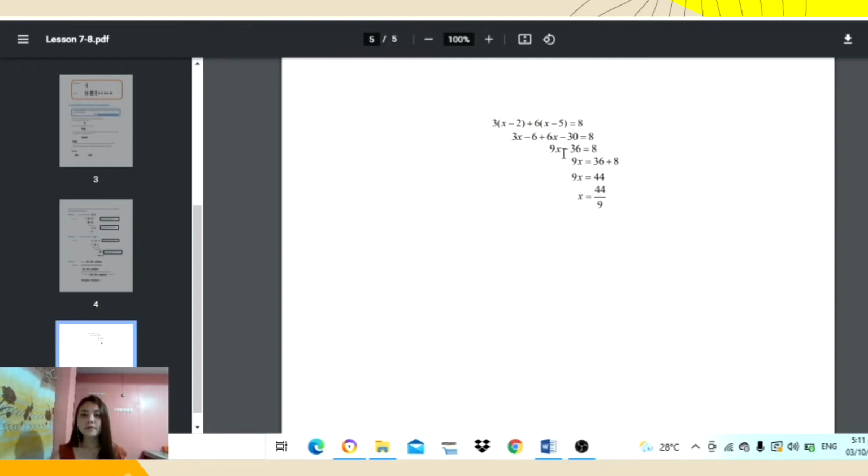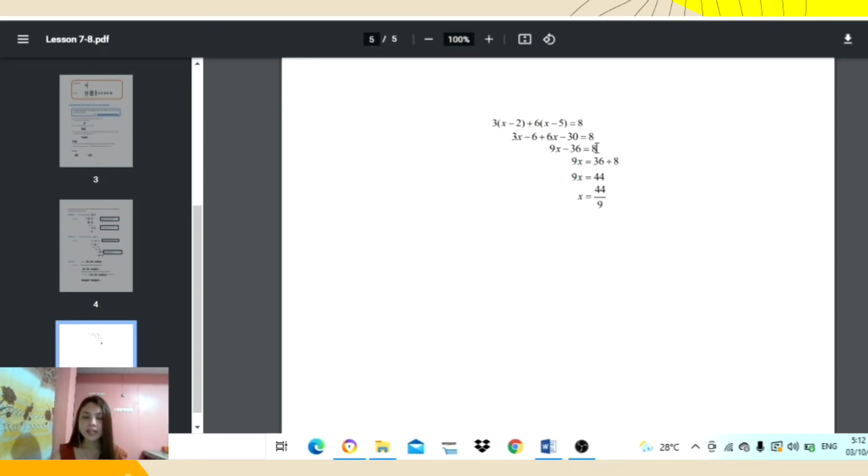Now, our goal here again is to isolate x since we are looking for the value of x. So we will combine like terms still. For 9x minus 36, we will add 36 on both sides. 9x minus 36 plus 36 is just equal to 9x plus 0 or just 9x.